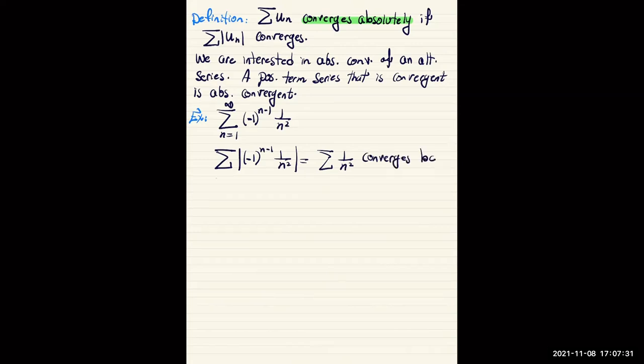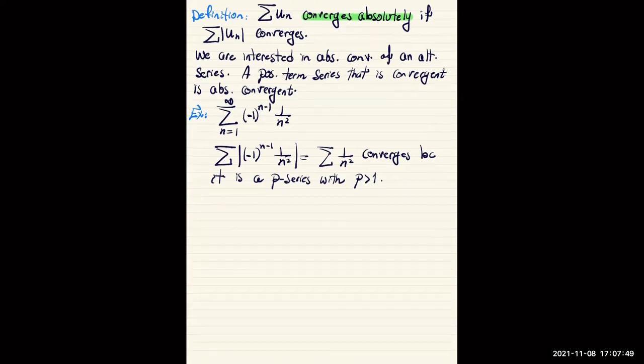Convergent because it is a p series with p more than 1. Okay, so we say that the original series is absolutely convergent.